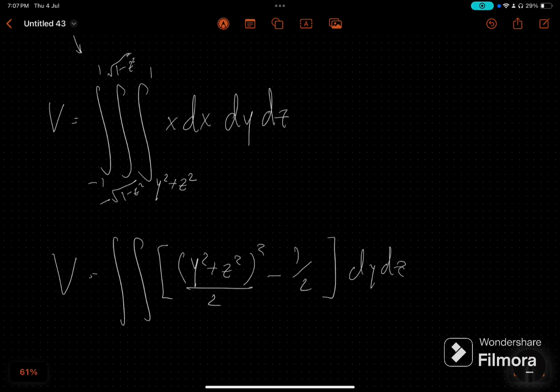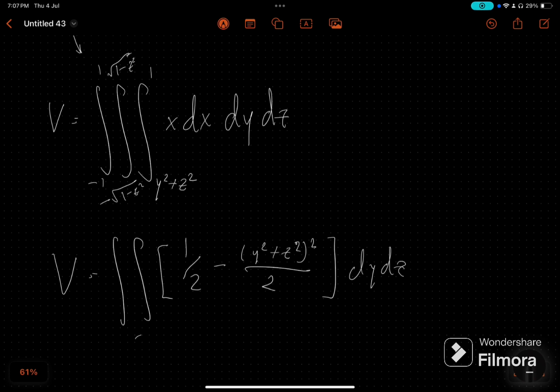Actually it's the opposite: it's 1 over 2 minus, since it's final minus initial, (y squared plus z squared) all squared over 2.